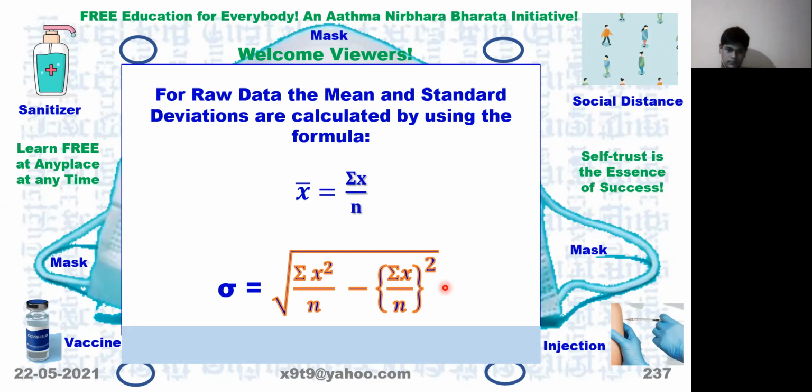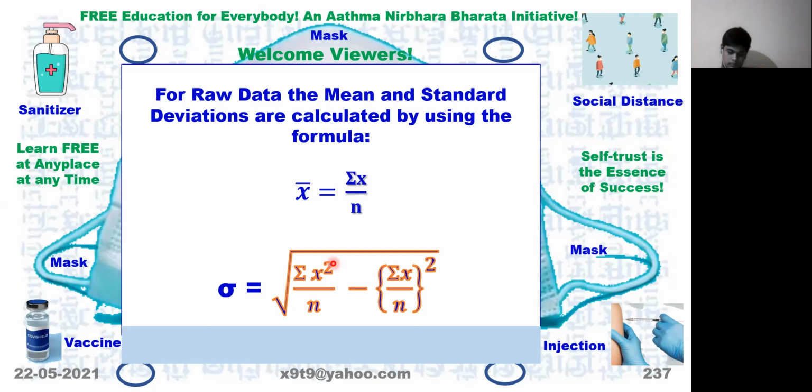So it is square root of sigma x square by n minus sigma x by n, which is x bar square. That means each x value you have to square and add all of them, then divide by the number of numbers.